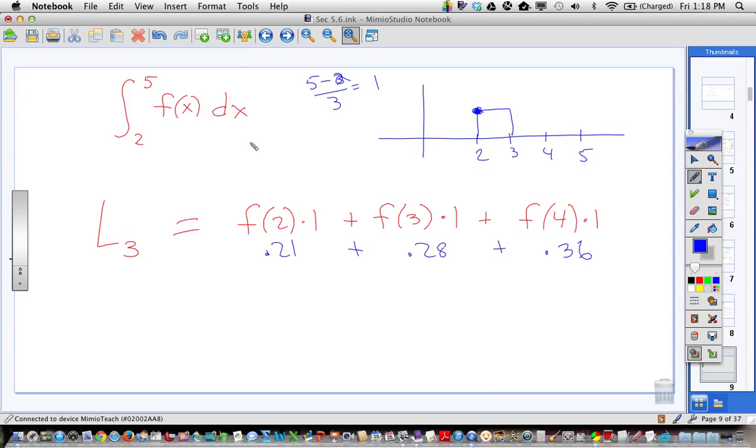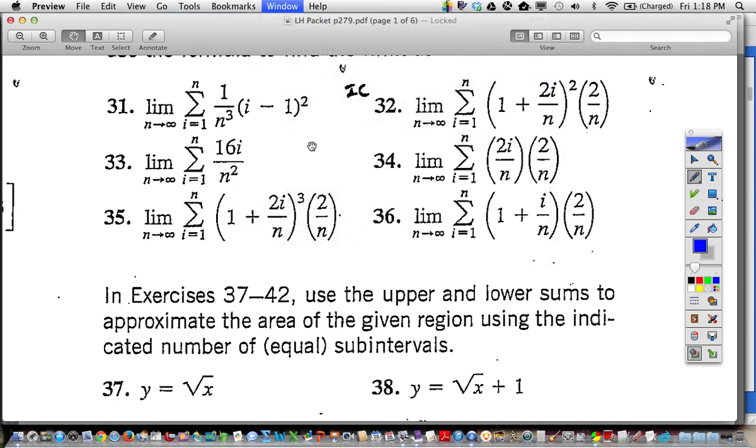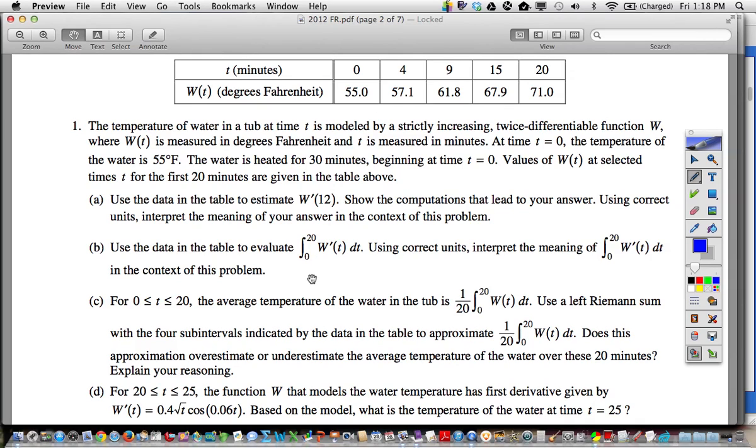All right. Take out your 2012 free response packet and look at problem number 1.